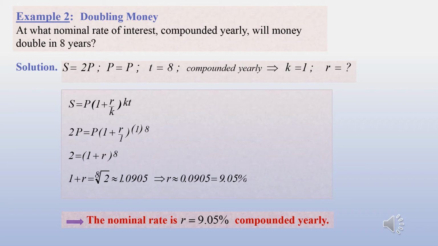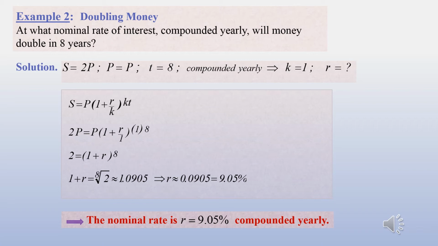So T equal to 8. So we have again now 4 of the variables: S equal to 2P, P equal to P, T equal to 8, and K equal to 1. What is R? Again, we have the same question as what we did in Example 1.